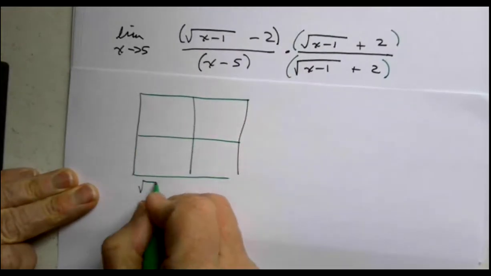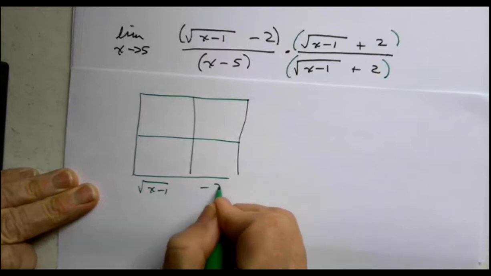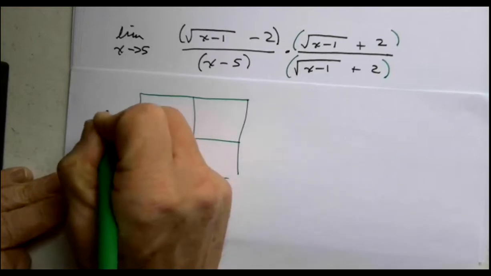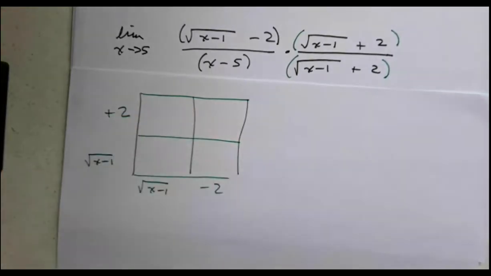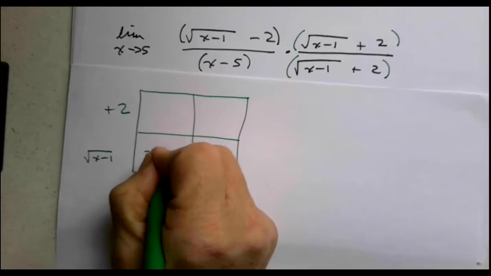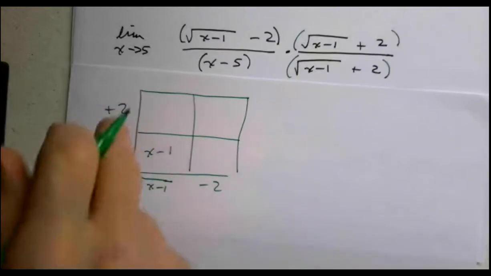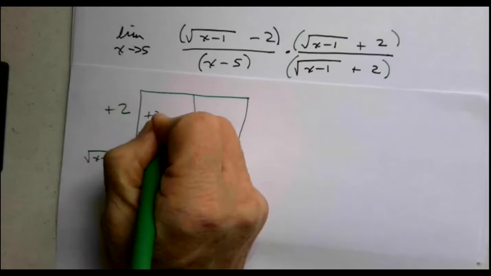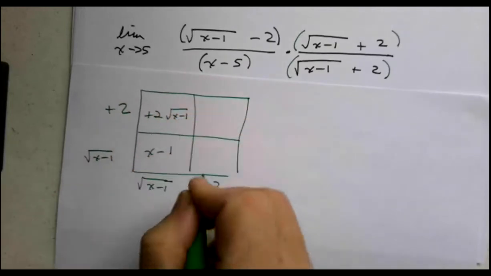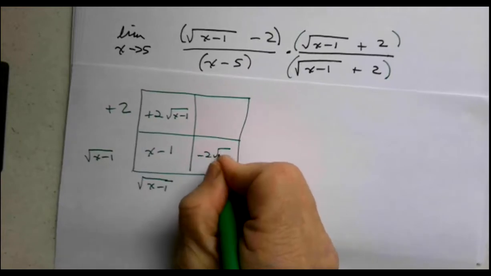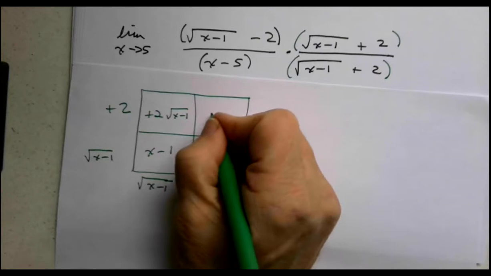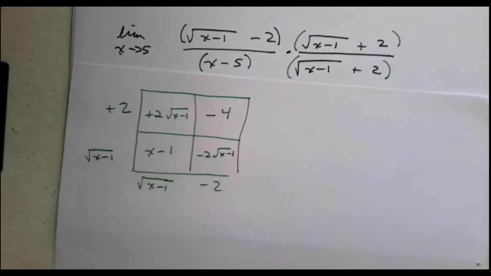So we get root x minus 1 minus 2 times root x minus 1 plus 2. So root x minus 1 times root x minus 1 is just x minus 1. 2 times root x minus 1 plus 2 root x minus 1. Negative 2 times root x minus 1, negative 2 root x minus 1. Negative 2 times positive 2 is negative 4.